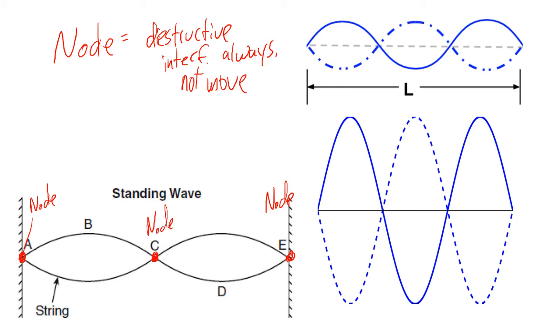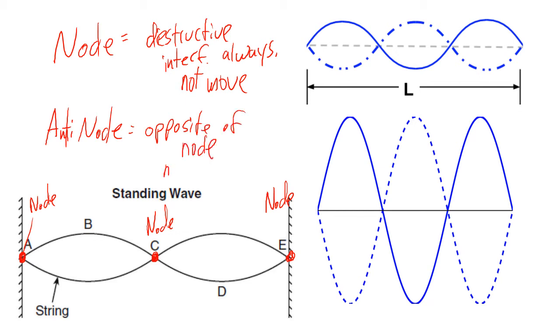Alright, now where there's nodes, there's antinodes. Antinode is the opposite of node. It's where the most movement is. So where's an antinode?